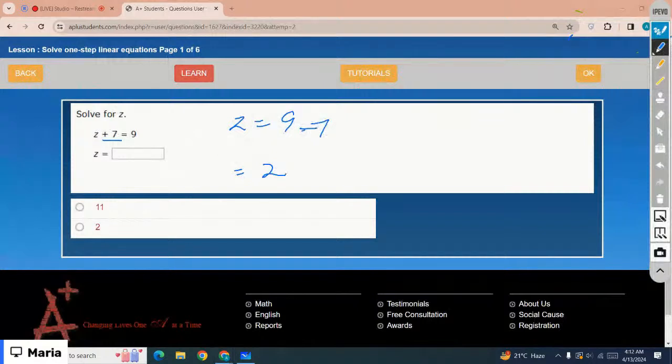The correct option is 2. So z equals 2. The correct option is 2, right?